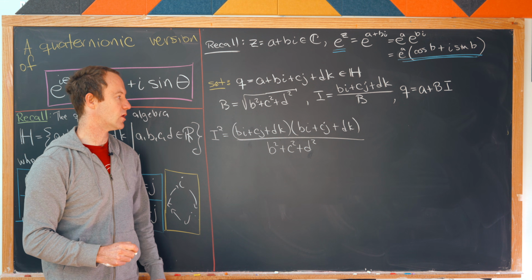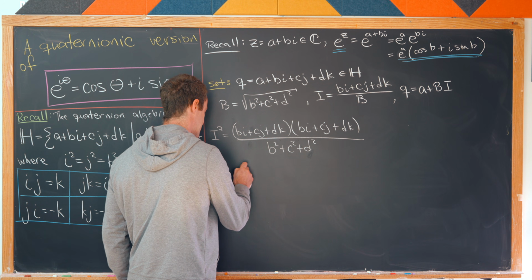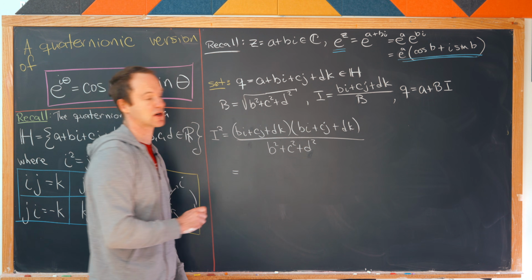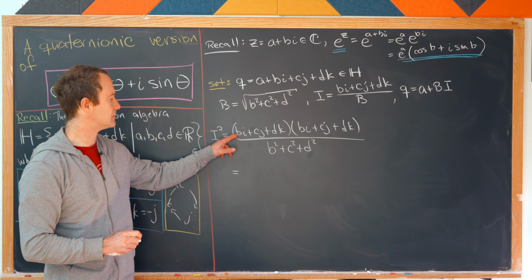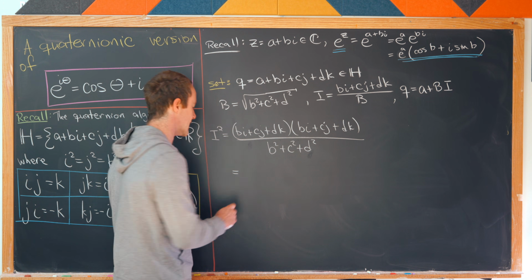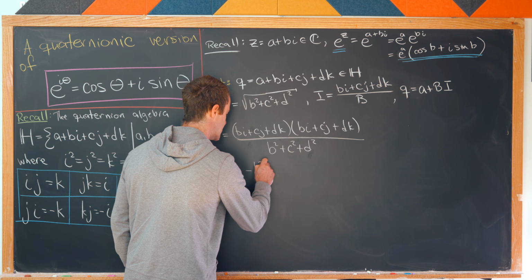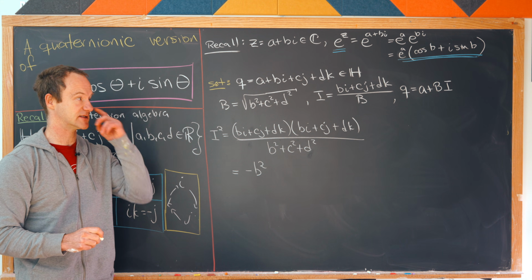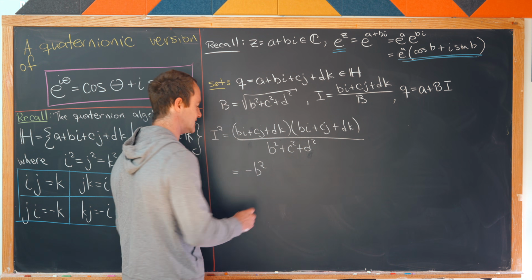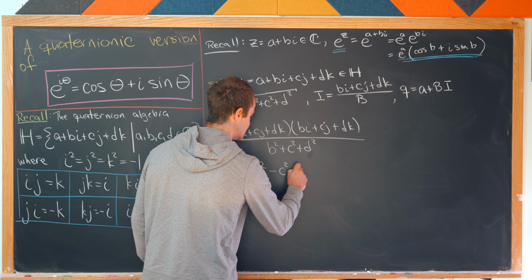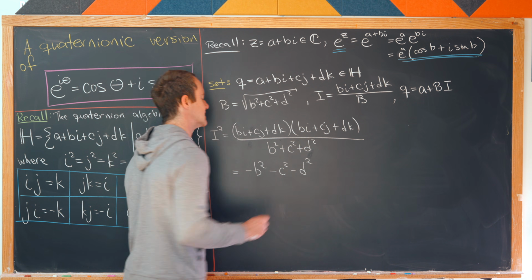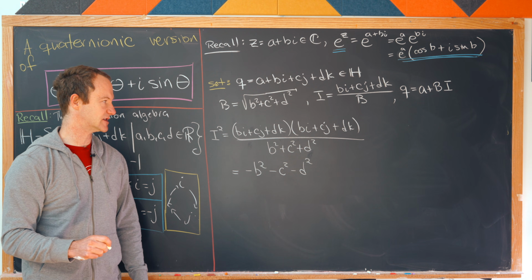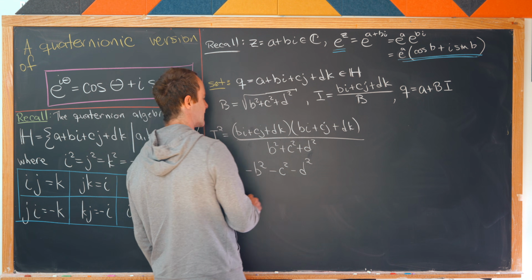Now let's multiply out that numerator, and let's multiply the like terms first, just to keep it simple. So we have bi times bi, which is negative b squared, because lowercase i squared is -1. Then cj times cj will be minus c squared, and dk times dk will be negative d squared.